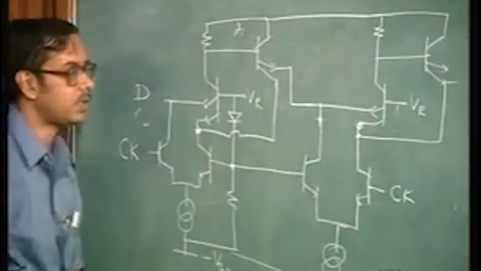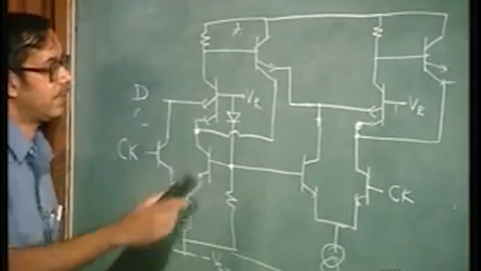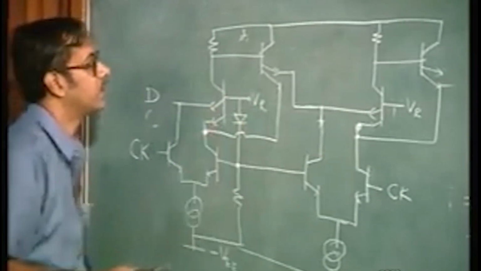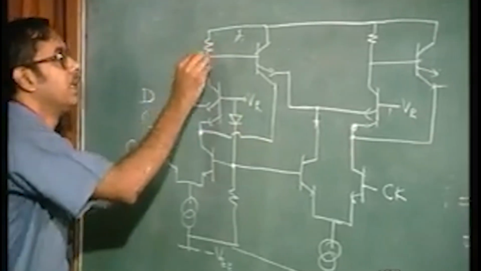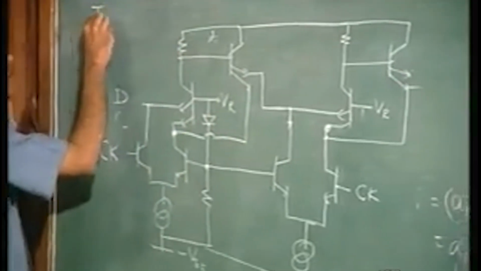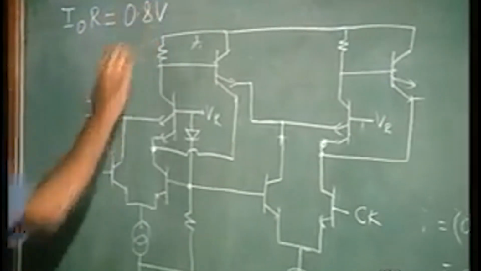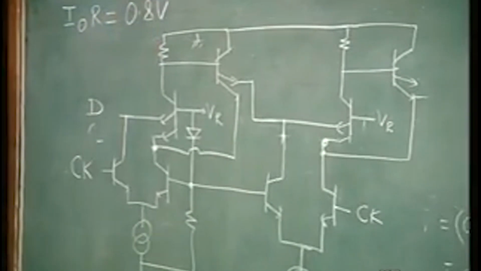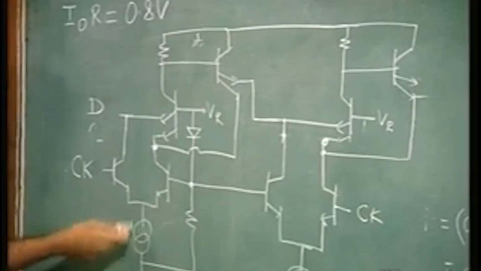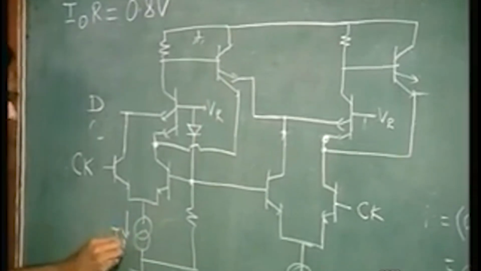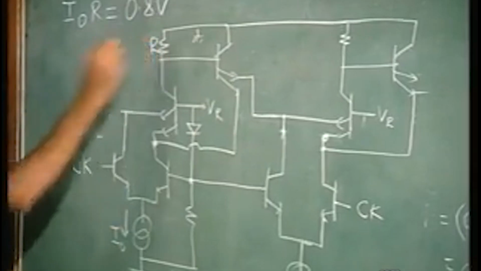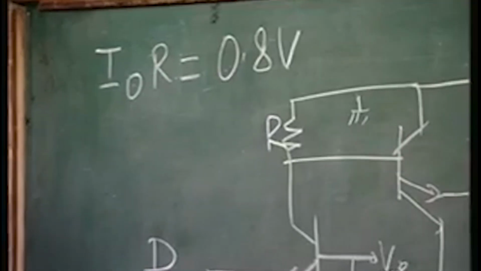Now let us assume for example that I naught into R is equal to 0.8 volts. That is, the current source value I naught into the resistance R is equal to 0.8 volts.